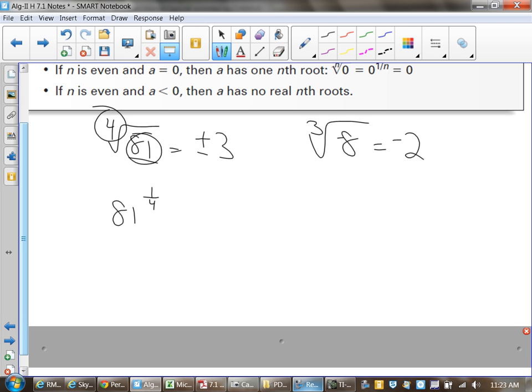So 81 to the 1/4 is the same exact thing as the 4th root of 81. Those are synonymous with one another. They mean the same thing. What's happening here is the nth root of some number a always equals a to the 1/n. That's kind of the generic rule here.